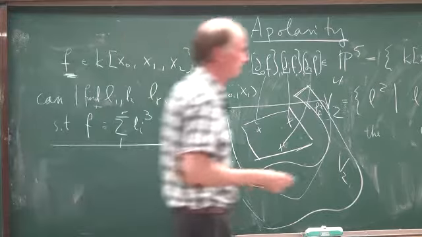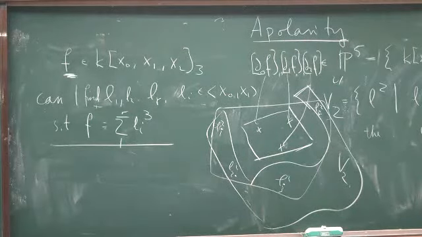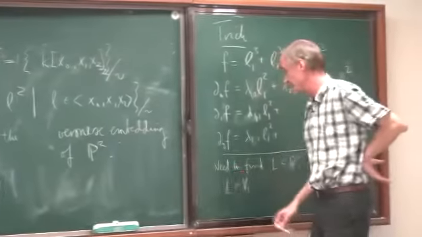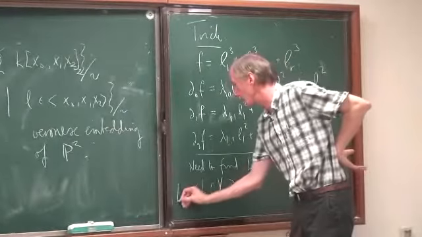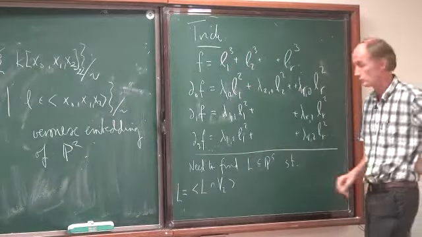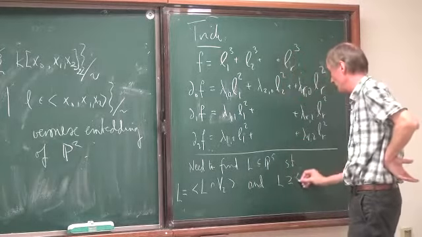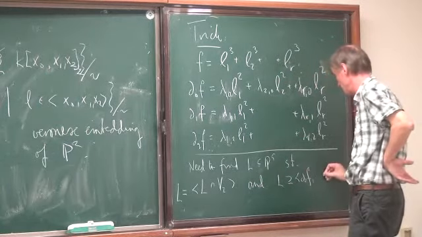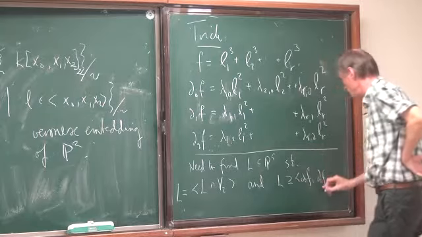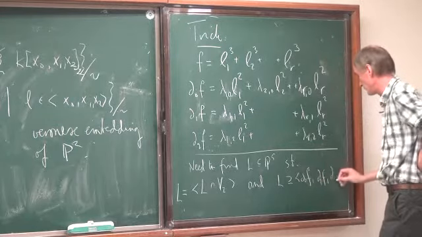So I need to find L in P5 such that the intersection of L with V2 and the span of that is equal to L, and L contains these partials.